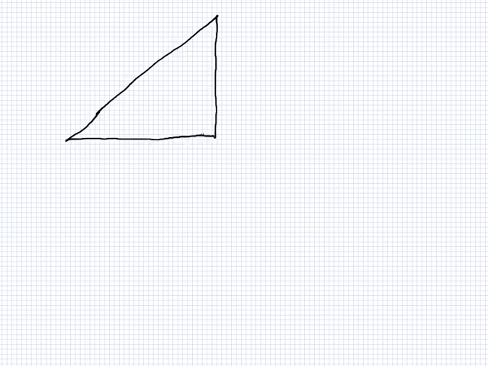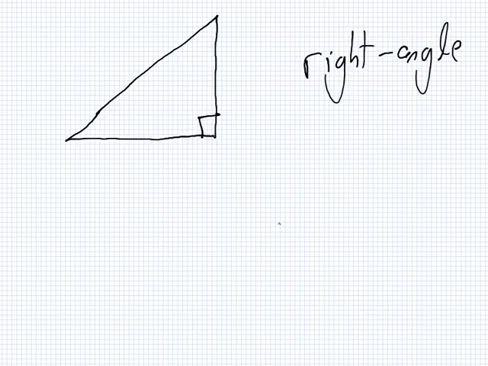So, just to give it to you, I suppose clearly now, the name of this type of triangle is called a right angle triangle. This symbol here means 90 degrees.